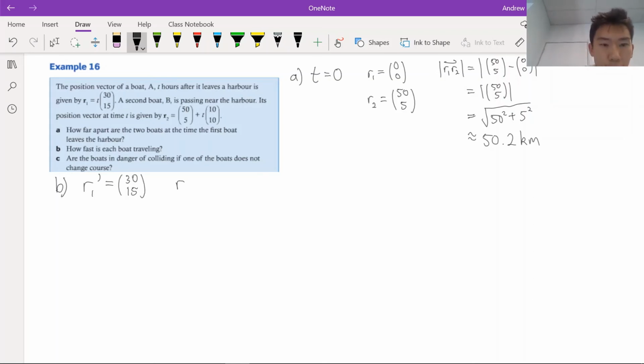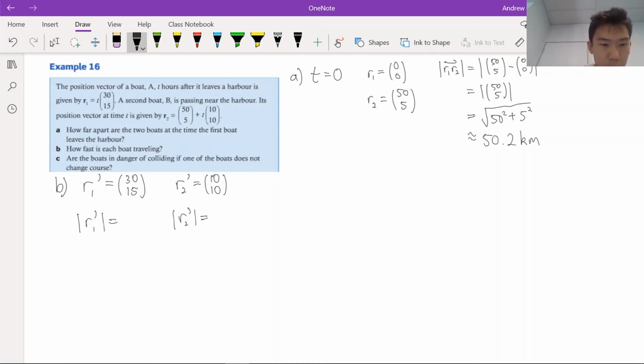And then if we do the same to R2, our velocity vector is just going to be 10 and 10. Now remember that speed is the absolute value of the velocity, so if we find the magnitude of each of these new vectors, that's going to tell us the speed of each boat.